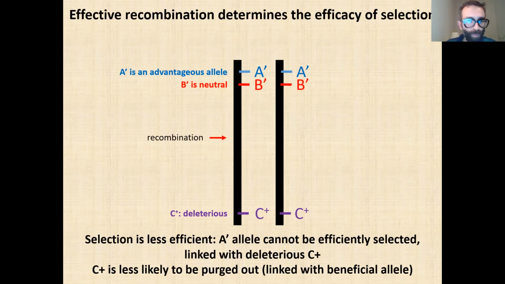That's what we call allele hitchhiking, which precisely means that the C plus is hitchhiking the A prime allele. So even if it's deleterious, it's going to be maintained in the population because it's linked with an allele which is advantageous. Selection cannot purge out the deleterious allele and at the same time spread the advantageous allele in the population because they are linked together. So effective recombination is extremely low here.